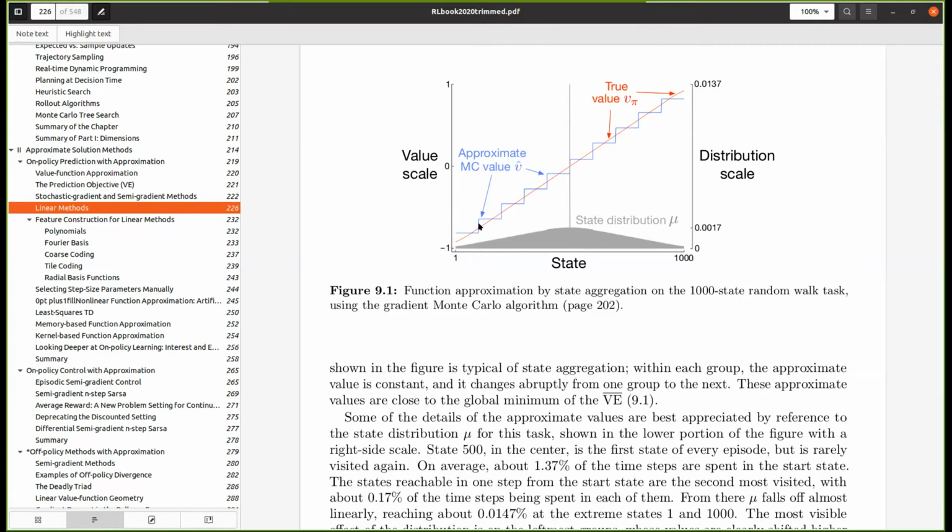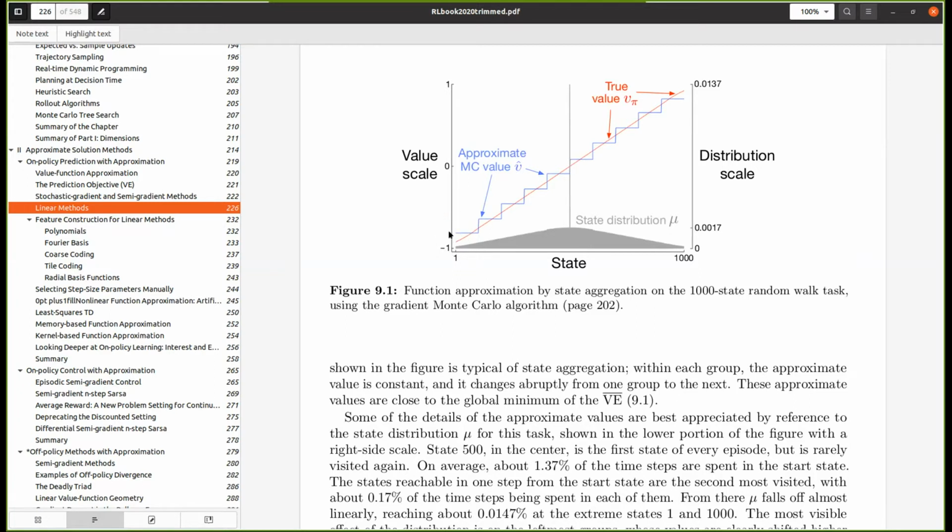This stepwise function here is our approximation to it. Notice that we have a state distribution here, so the states are not equally likely. We have this spike here in the initial state, which is right in the middle, and then the states become less and less probable towards the end.